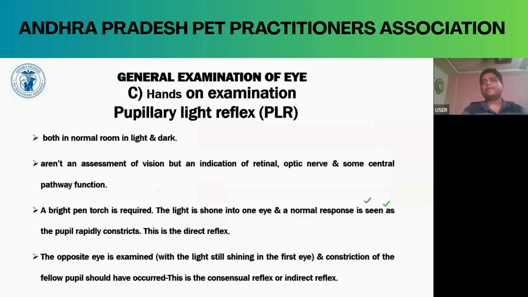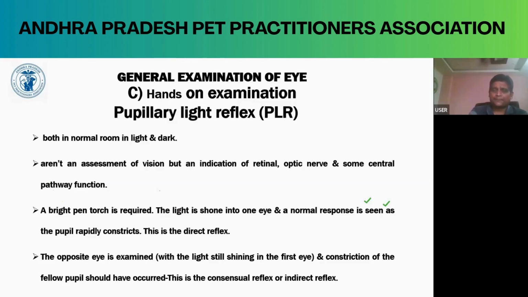So then the pupillary light reflex, the PLR, should be done in the normal room light as well as in the dark. Here we mainly assess the retina, optic nerve, and other pathway functions. What we have to do is apply a bright light to the eye.